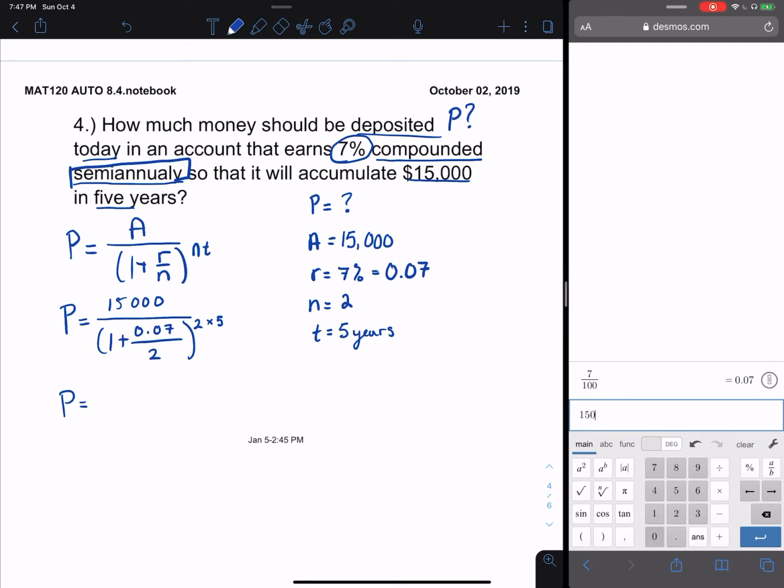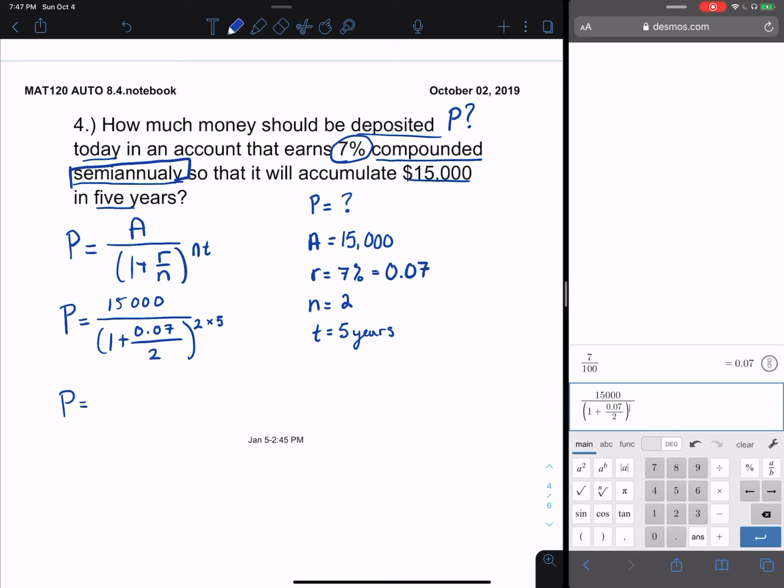So I'll have 15,000 divided by, I need to open up a set of parentheses, 1 plus 0.07 divided by 2. I hit the right arrow to get out from that 2. I'm going to close the parentheses.